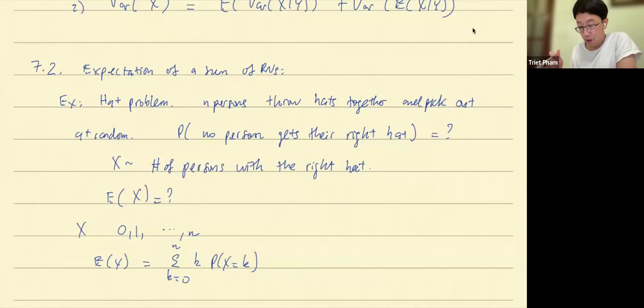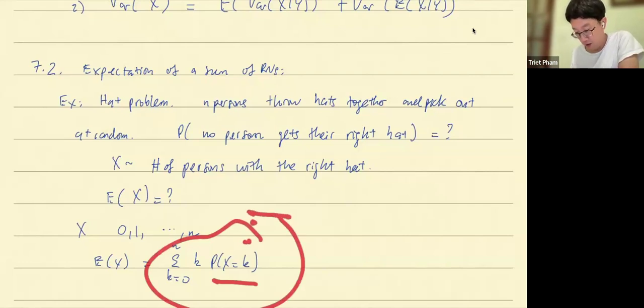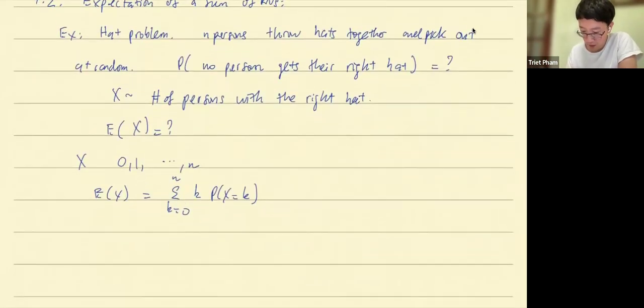Even if you write that down, that sum is a scary sum to deal with. It's much scarier than the sum of the binomial. So all in all, this is really not an advisable approach.